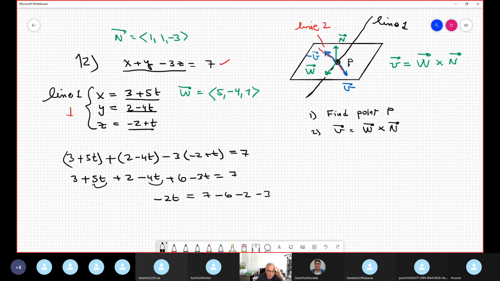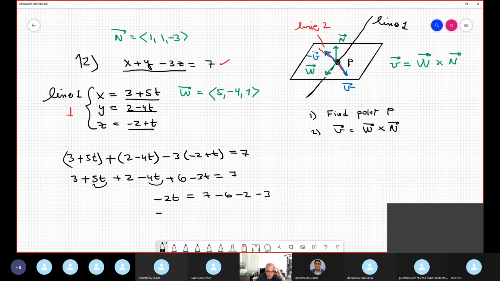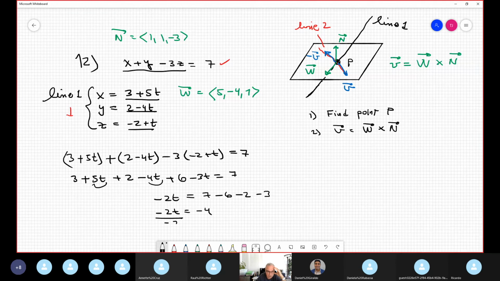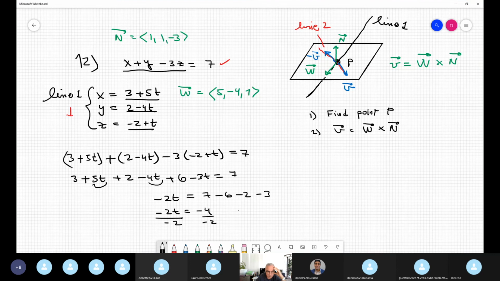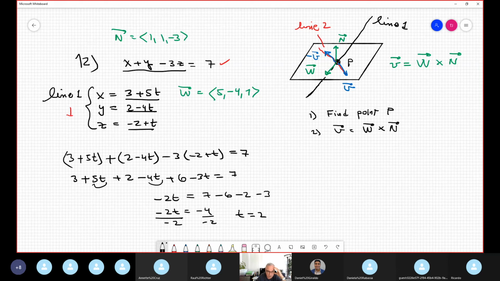It's negative 4. Divided by negative 2 is 2. Yes, because 1 minus 2 is negative 1, and negative 1 minus 3 is negative 4. Okay, nice.